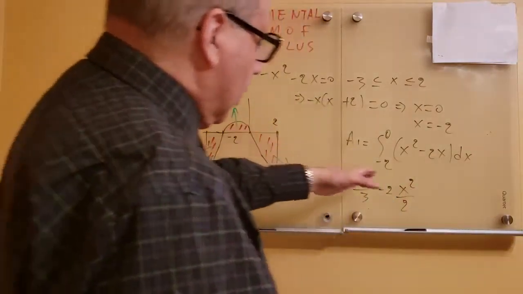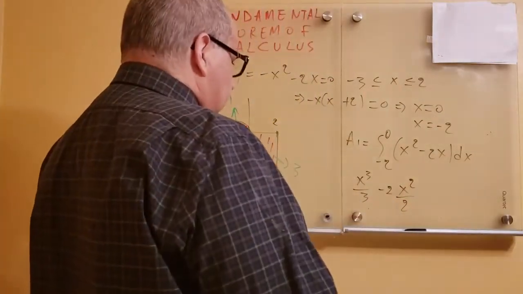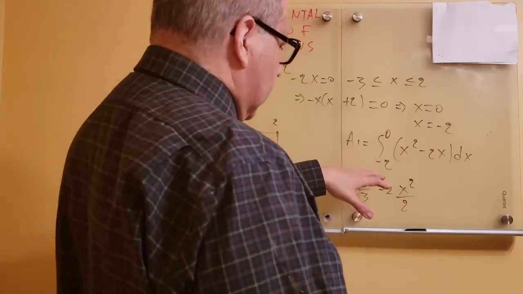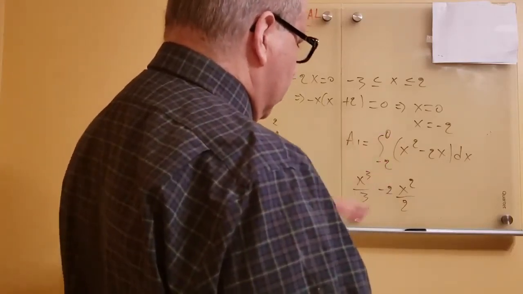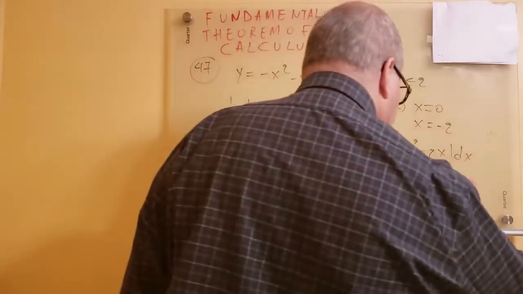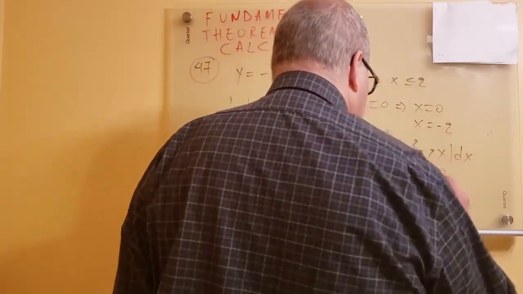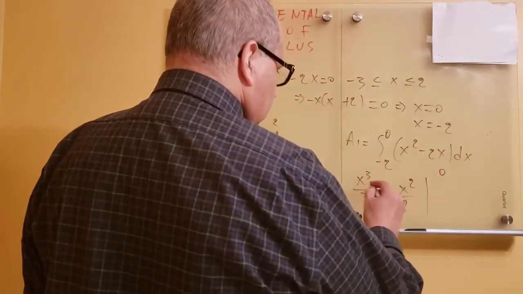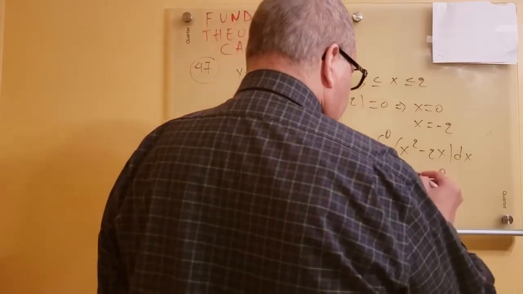Now you have to evaluate this from -2 to 0. If you evaluate it at 0, that should be 0, because whatever you put x equal to 0 gives you 0.